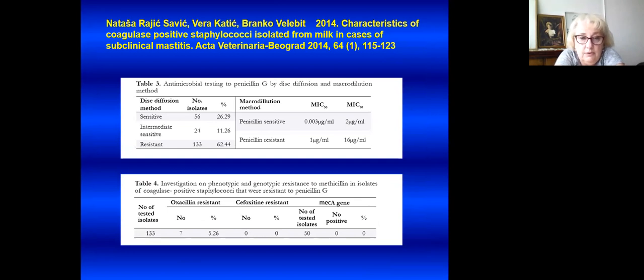But when we tested with the oxacillin test for methicillin resistance, we found 7 isolates resistant to oxacillin 1 microgram, but there was no resistance to cefoxitin 30 micrograms. When we tested for the presence of mecA, we didn't find any genetically methicillin-resistant isolate. Next, please.